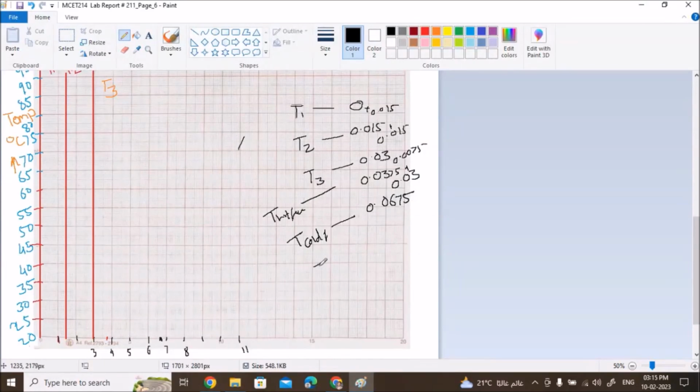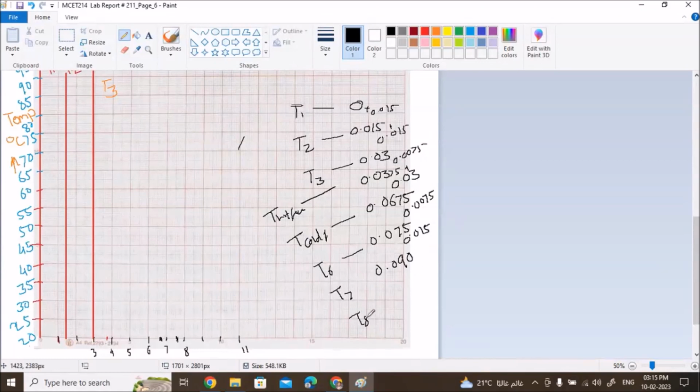Now the position of T6: the distance between the cold face and T6 is 0.0075, so that will be 0.075. It will come here. Then again 0.015 is the distance between T6 and T7, that is 0.090.